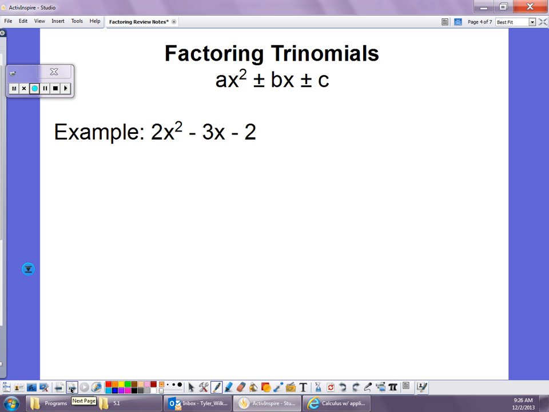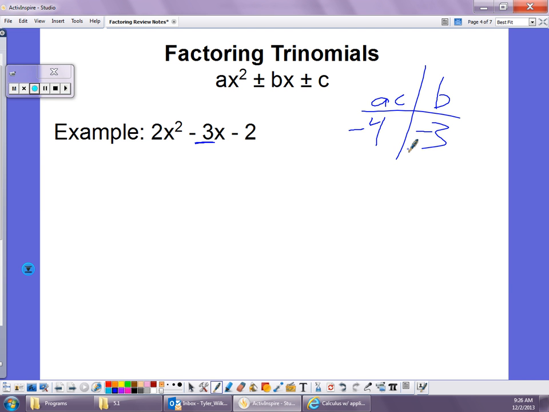All right, the last thing we're going to do is factoring a trinomial. And I know some people really struggle with this in Algebra 2, so this is important. To factor a trinomial, I do what's called the ACB method. So what you ultimately do is multiply your A value times your C value. A times C. So that would be 2 times negative 2, and you get negative 4. And then your B value is just right here, negative 3.